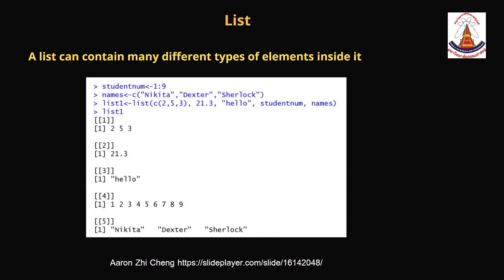Also, the second type of data in R script is the list. A list means a set or group of data like characters or strings, and also you can mix different types of data, like numeric values and groups of strings, in the list.